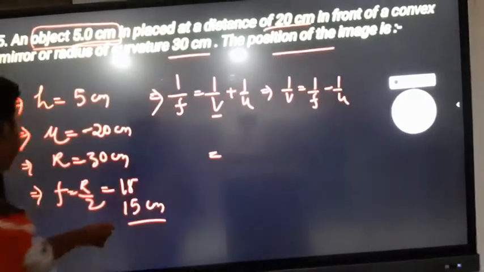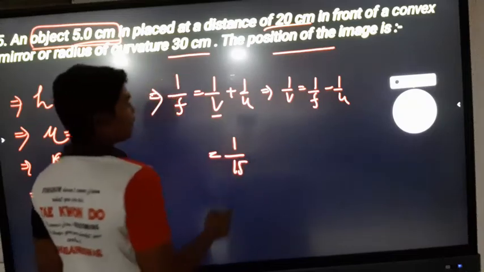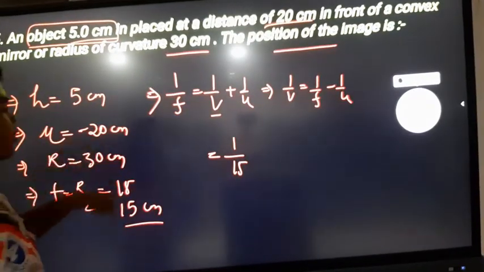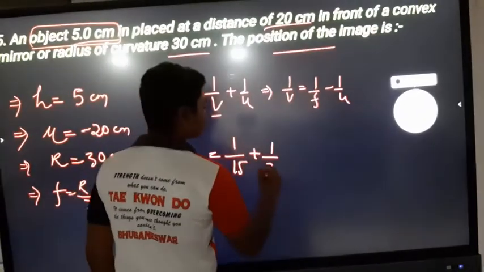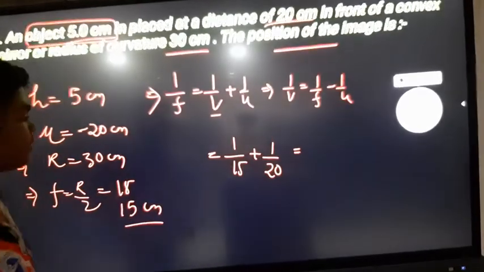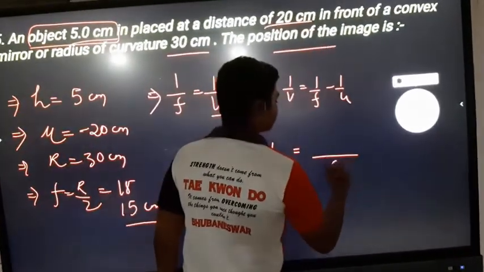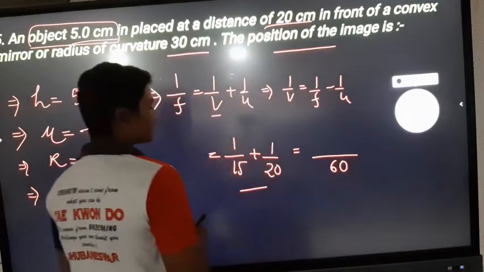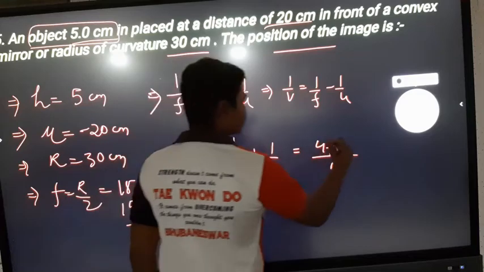So focal length is given 15 cm. So we'll take 1 by 15 and u is minus 20. So minus minus will get cancelled and it will be plus 1 by 20. So after doing the LCM, we will get that 60. 60 will be the LCM, then 15 4s are 60, plus 20 3s are 60.